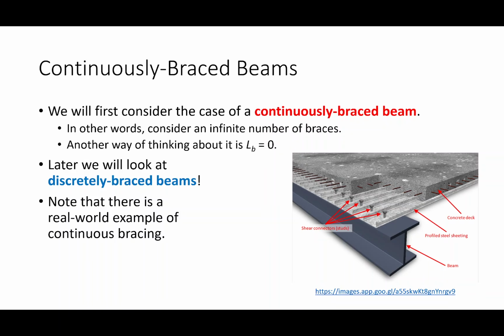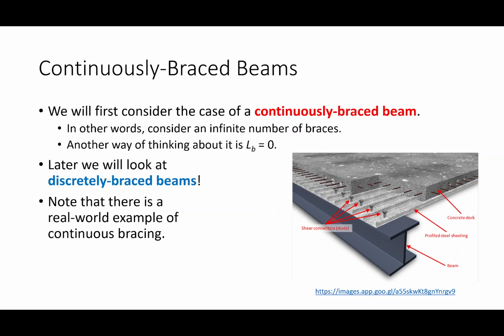Okay, so the first thing that we are going to consider in this class is what's called a continuously braced beam. And what I mean by a continuously braced beam is a beam, let's say like this, so here's a beam, right?